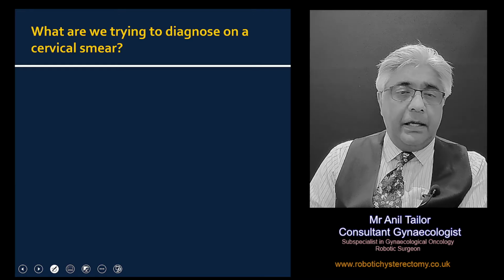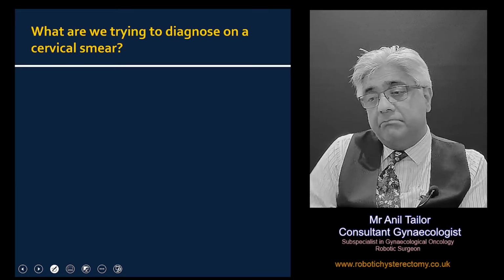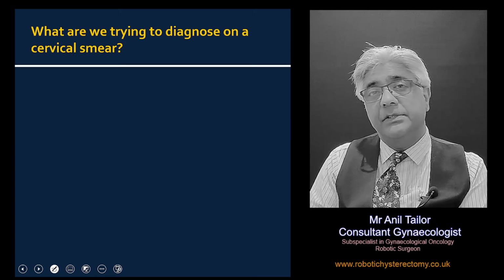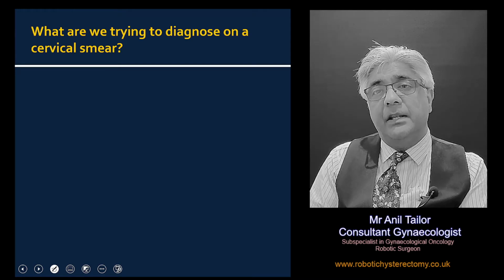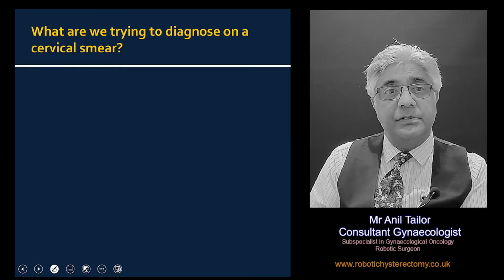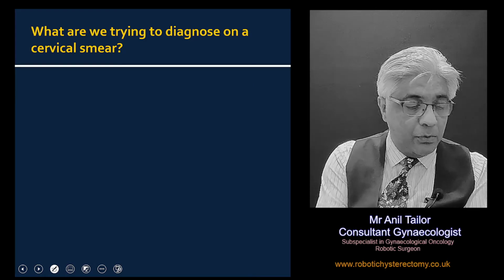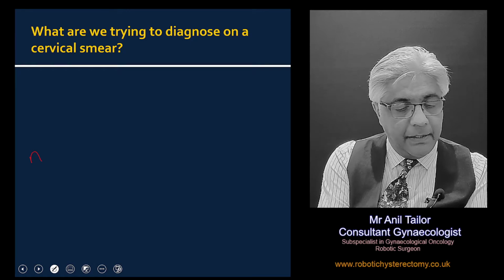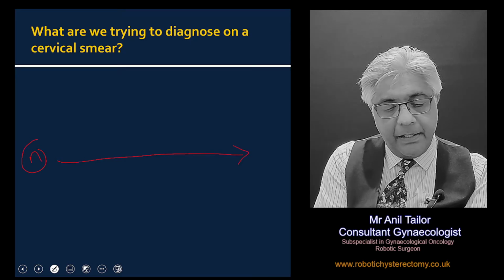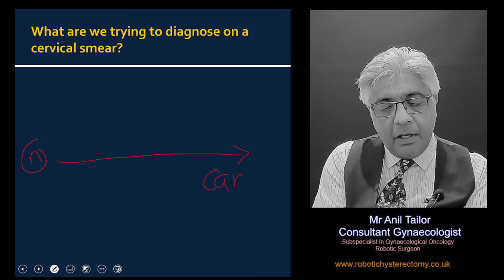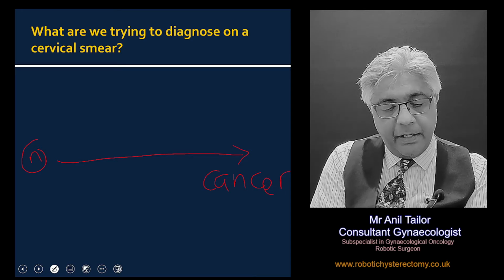Now, if we consider somebody who is unfortunate enough to have developed cervical cancer, then at some point in their life, of course, they were normal. So they would go from a stage where they were normal and develop a cancer at some point in their life.